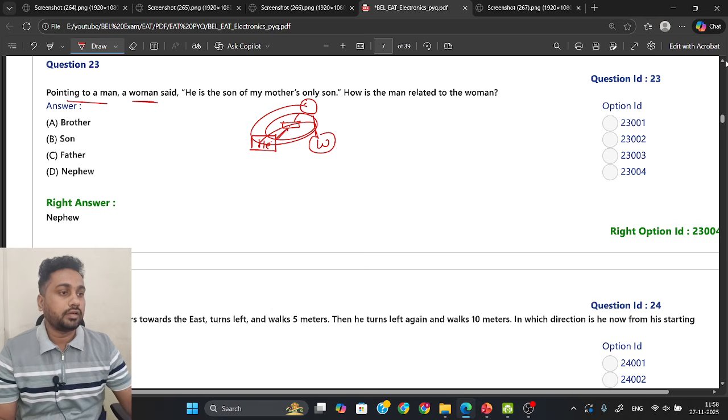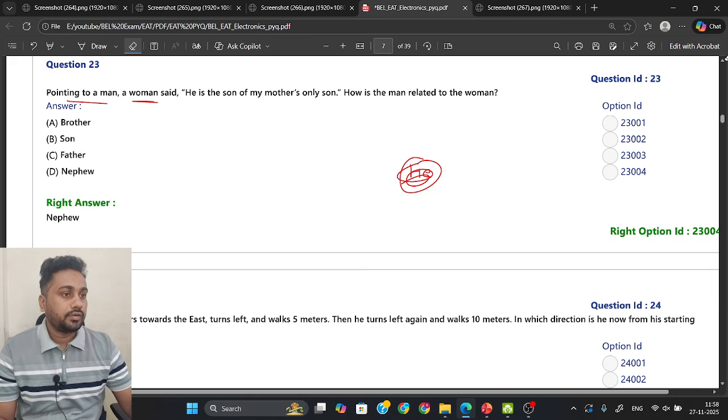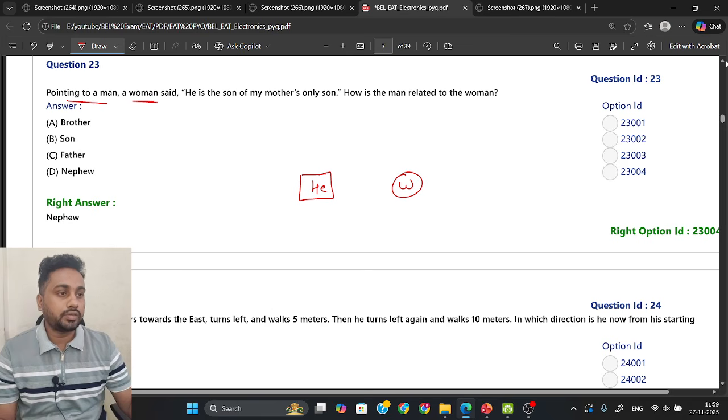Wait, I will make it like this. Okay, so he is somewhere like this. He is here, and one man is there, and one woman is there. The woman is pointing to this guy, and she is saying he is the son of my mother's only son.